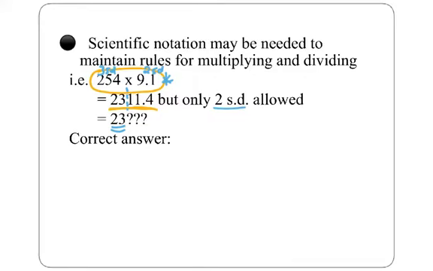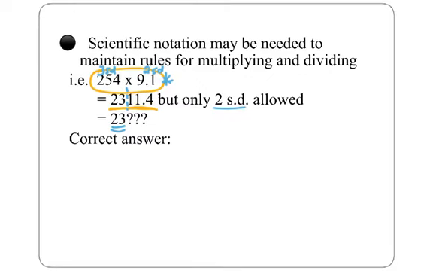Is 23 the same thing as 2,311? No. So for instance, again, let's use the bank as the analogy. If you came into the bank with $2,311.40 and I said, oh, I'll round it for you, and I gave you back $23, would you be thinking that was the same? No. So here's where scientific notation comes in. I want to cut this number off after the 3, but I still want to maintain its size.